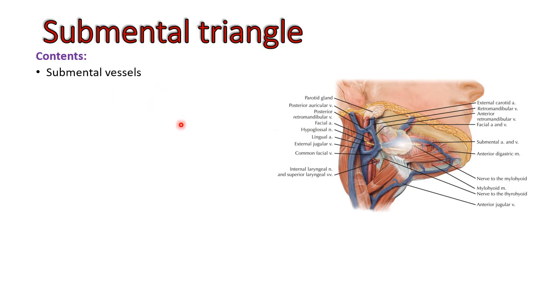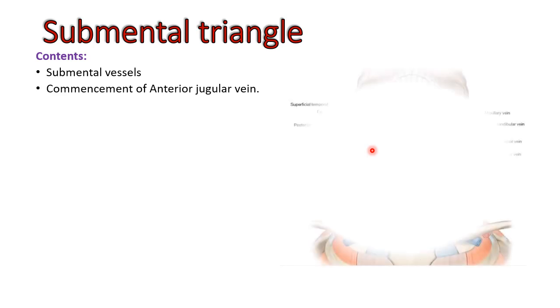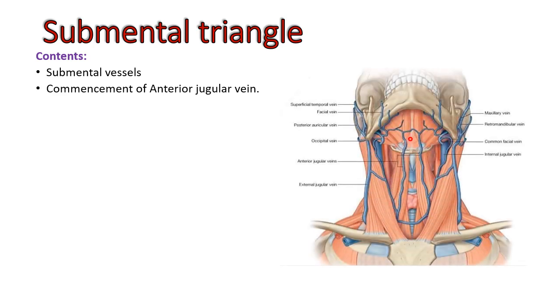Then what else do you come across apart from the submental vessels? The commencement of the anterior jugular vein. You are able to see the anterior jugular vein on either side. It is formed by the union of numerous small veins here, external to the floor of the mouth, in the submental region.